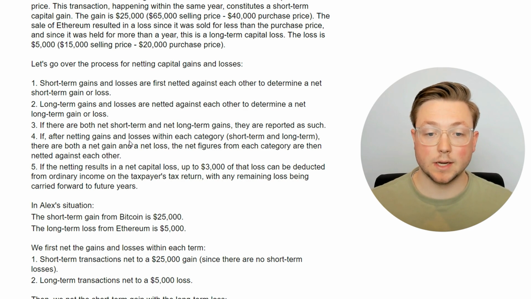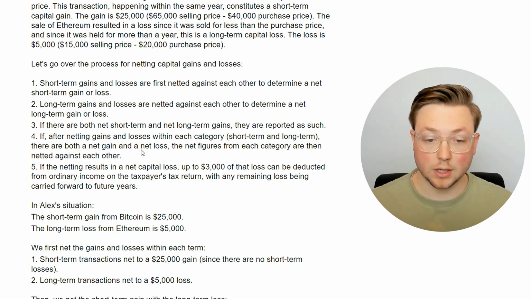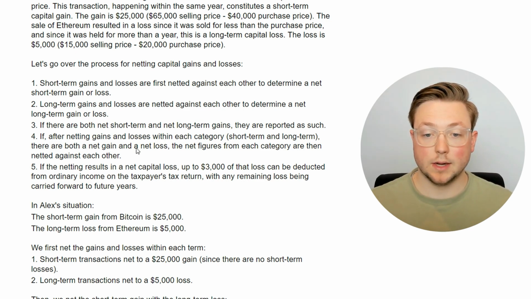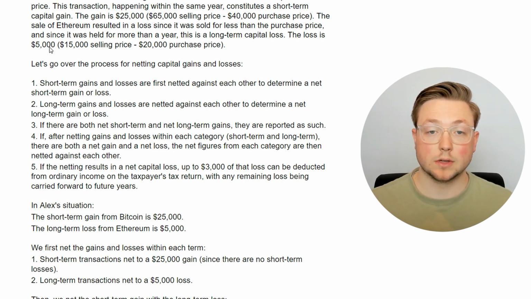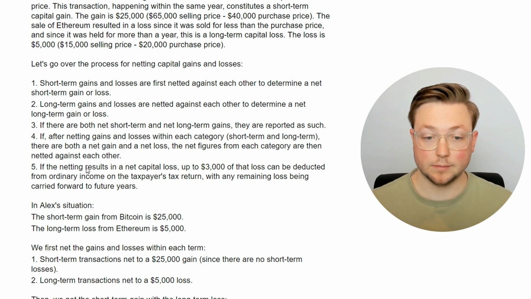But if after netting the gains and losses within each category, there are both a net gain and a net loss, which is what's happening in this situation, there's a net short-term gain and a net long-term loss, then you net those together and you take on the category of whichever was largest. So you would net this $25,000 short-term capital gain with this long-term $5,000 capital loss, giving you a $20,000 short-term capital gain.